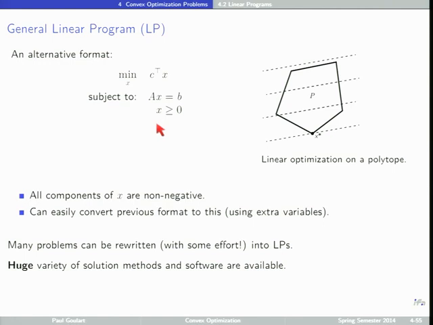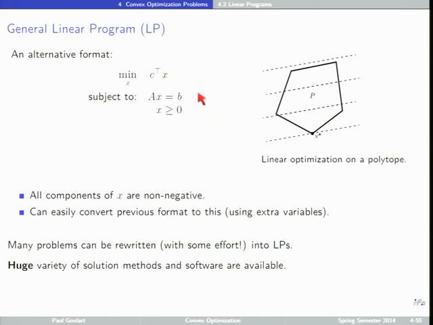Okay, and well, I'll come back to this in a moment. The thing to remember is that if you have an optimization problem which does not look like a linear program, okay, it doesn't fit exactly this mold or the previous one, in many cases, it's possible with a bit of effort to make it look like this. Okay, and I'll show you an example in a moment.